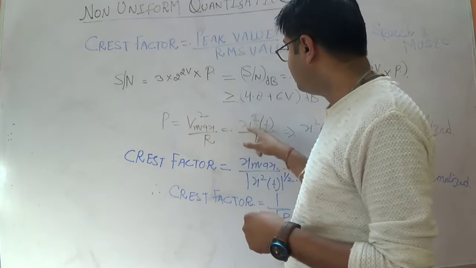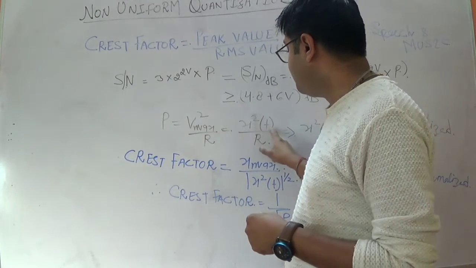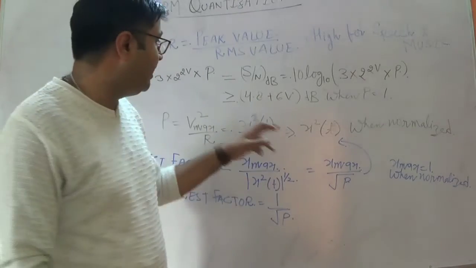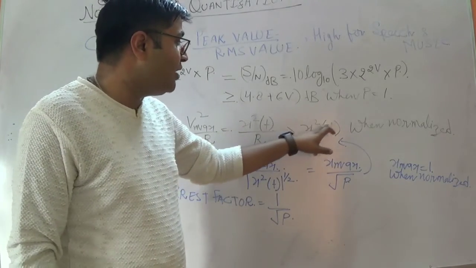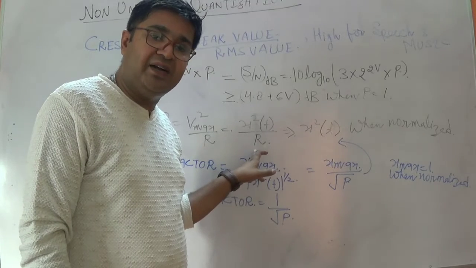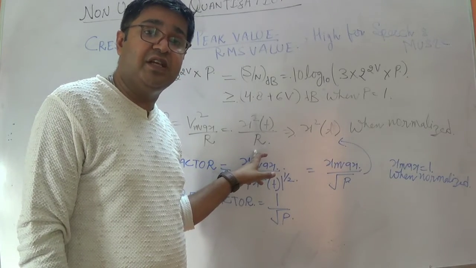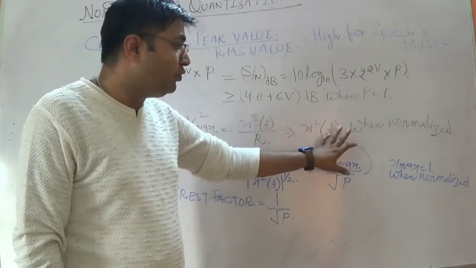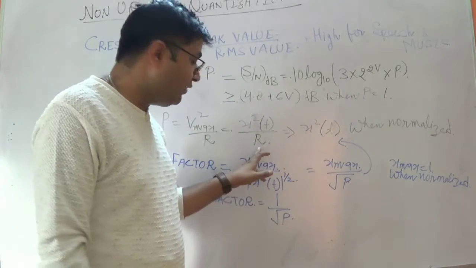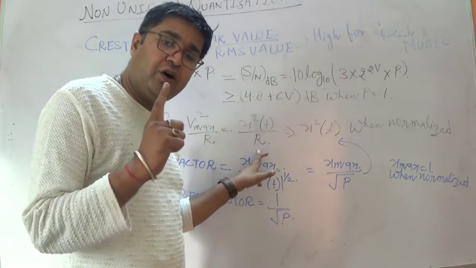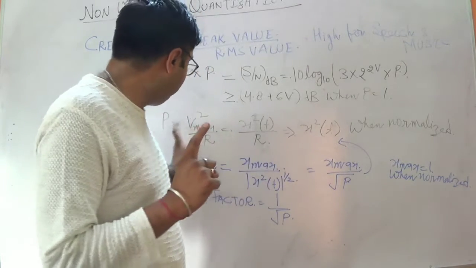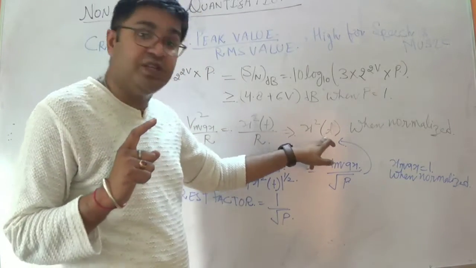So, the power is x square t divided by R. Now x square t divided by R will become x square t, because whenever we are using normalization, the resistance R is taken as unit, so the input voltage and this voltage will be the same. So 1 ohm will be there. So P comes as x square t.